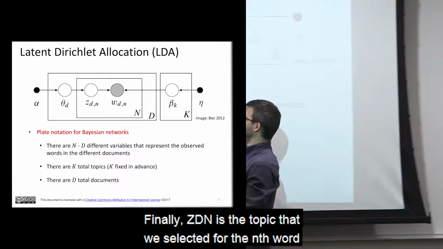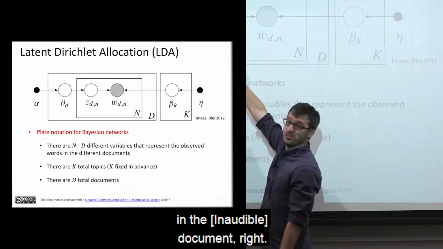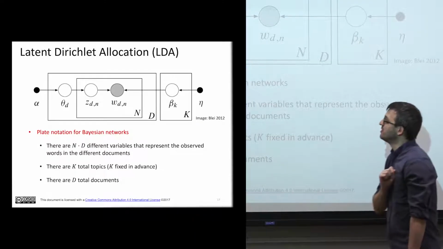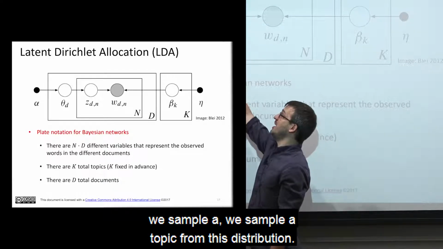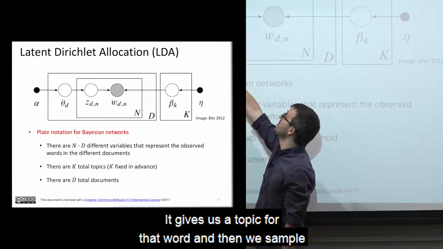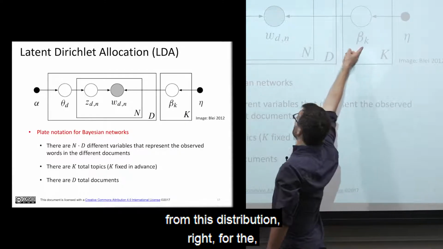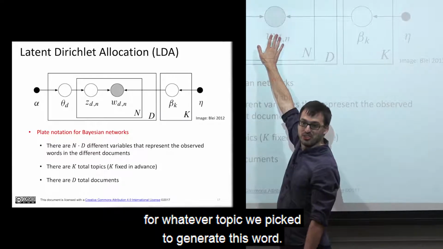Finally, Z_dn is the topic that we selected for the nth word in the dth document. Remember that in the generative process, for each word we sample a topic from this distribution. It gives us a topic for that word. Then we sample from the distribution for whatever topic we picked to generate this word.